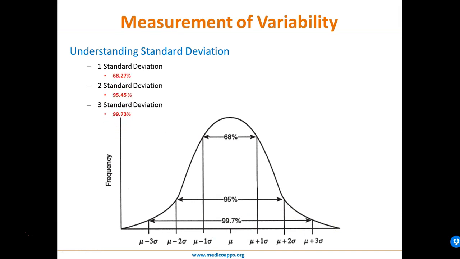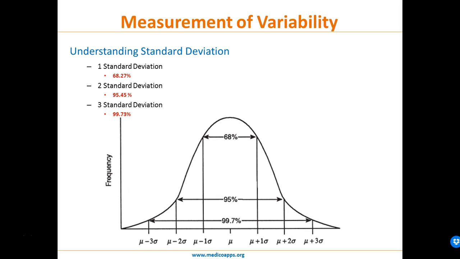A lot of questions have been asked about the exact percentages, so you should remember that within one standard deviation, 68.27% of the observations remain. Two standard deviations, 95.45% of the observations. Three standard deviations, 99.73%.